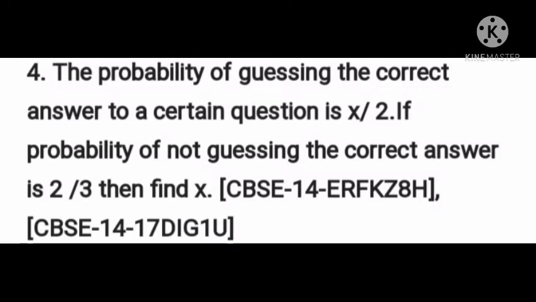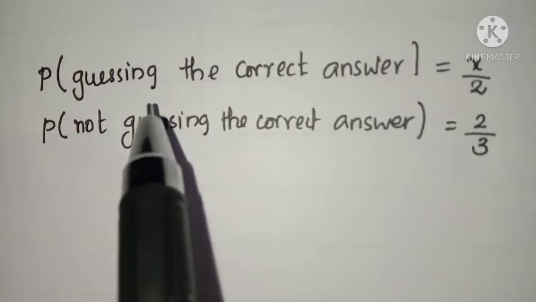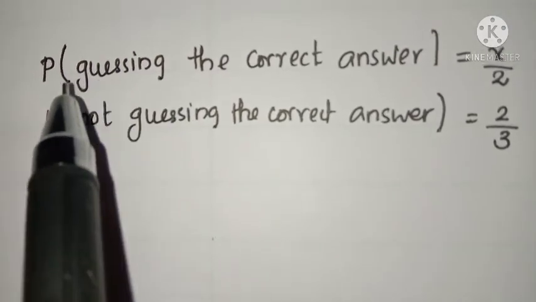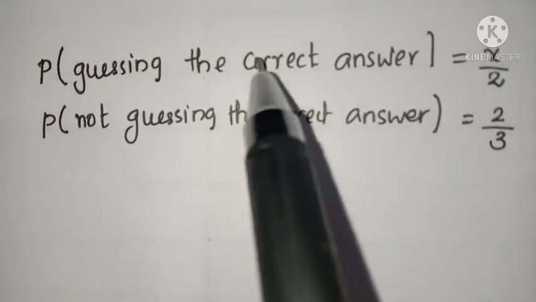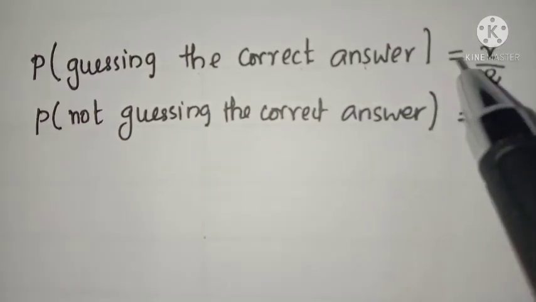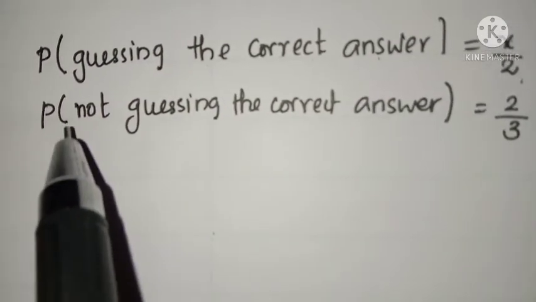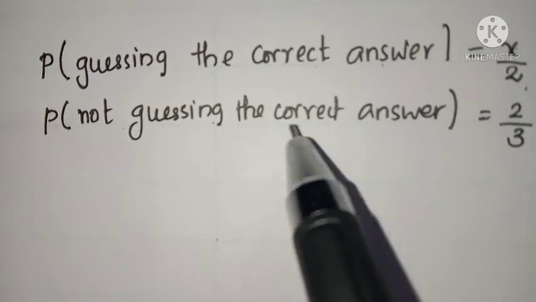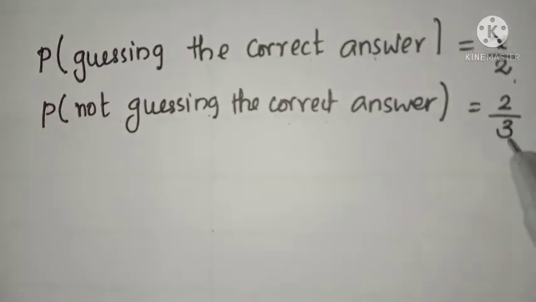Next question. The probability of guessing the correct answer to a certain question is x by 2. If probability of not guessing the correct answer is 2 by 3, then find x. Listen, in the question it is given that probability of guessing the correct answer is equal to x by 2 and probability of not guessing the correct answer is equal to 2 by 3.